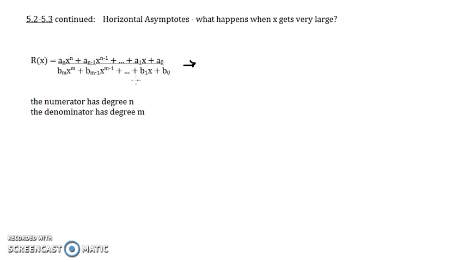By the same reasoning, when x gets really large, the bottom terms aren't going to matter very much, and it's going to start looking like b_m x^m. So when x goes towards infinity or negative infinity, this is going to start looking like a_n x^n over b_m x^m.